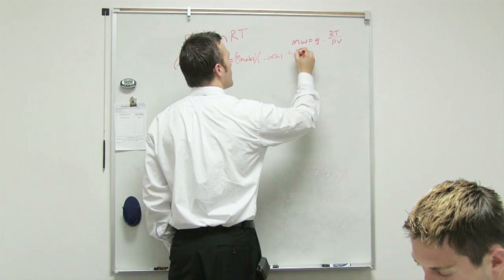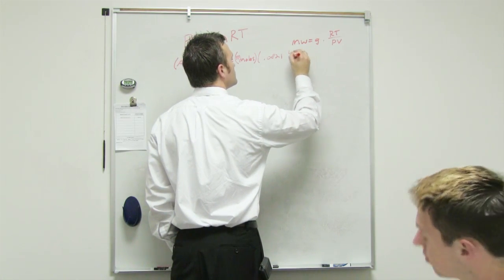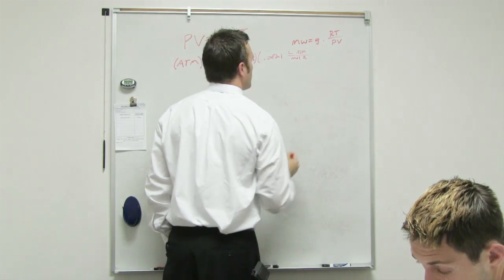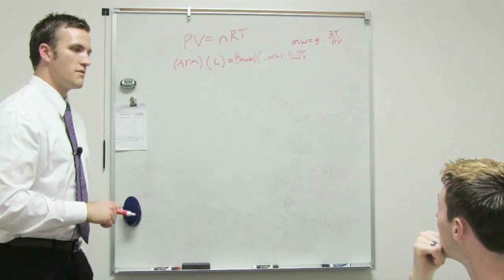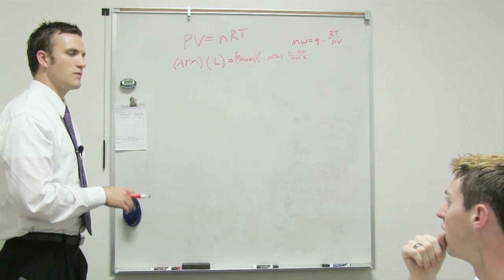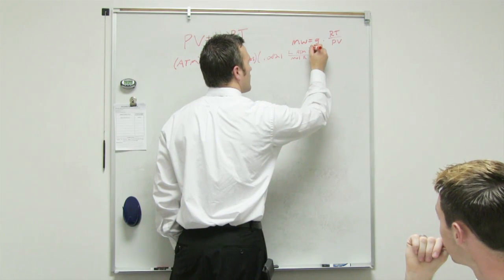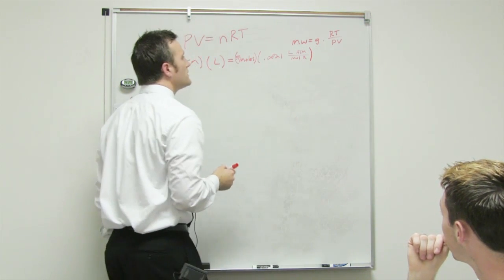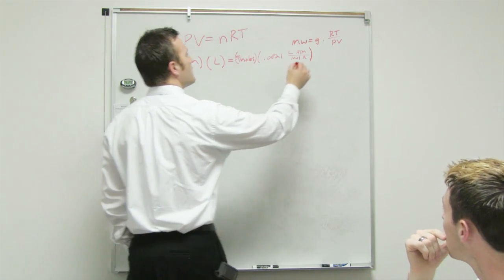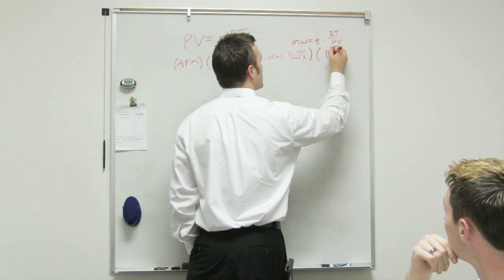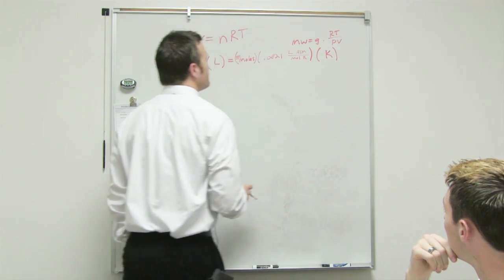Yep. Do you remember this? Are you using the other R right now? Okay. We won't worry about it because it has slightly different units. But if you're not learning that right now, we'll talk about it. Okay. And then what about temperature? Kelvin. Good. Okay.